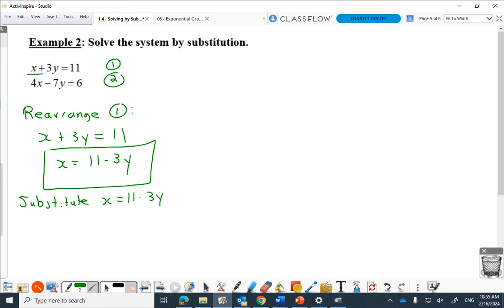Those of you who said you're at a 40 out of 100 understanding here, those of you who are below 40, really pay attention to this. I rearranged number 1. So really that is a version of equation 1. So when I go to substitute in, I've got to substitute into the other equation, which is equation 2. Okay?